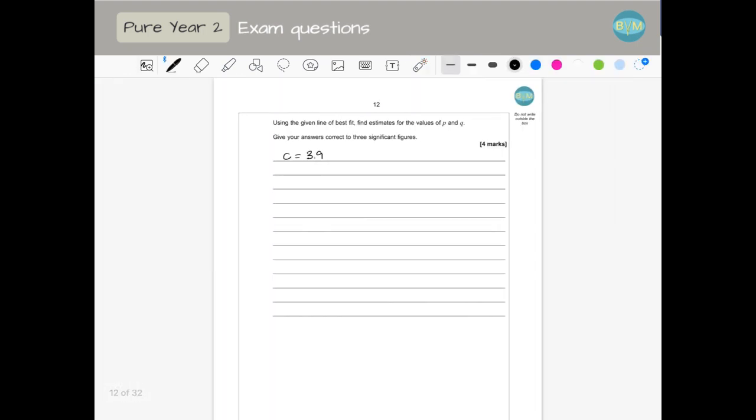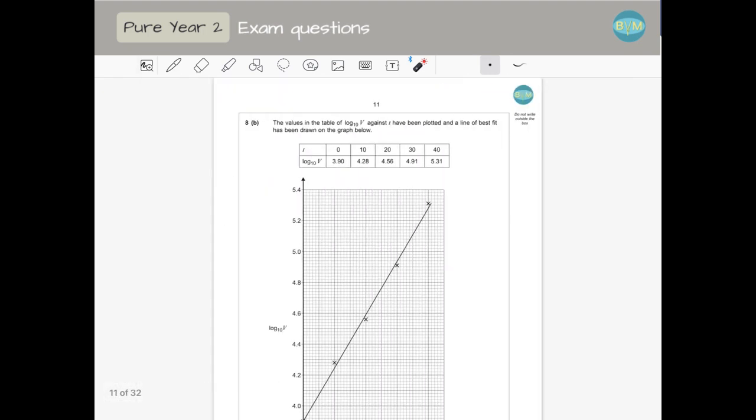So the gradient is going to be 5.31 minus 3.90 divided by 40 minus 0, and this is 0.03525. That means that we can write the line as y equals gradient 0.035, I'm going to write just that, although it doesn't matter because we are approximating the gradient anyway.